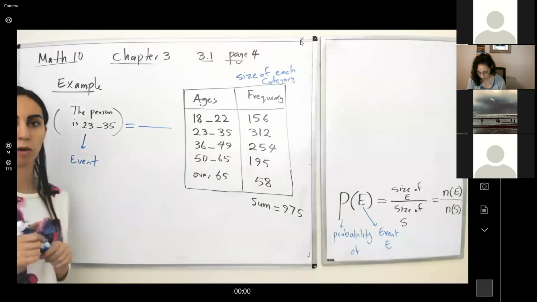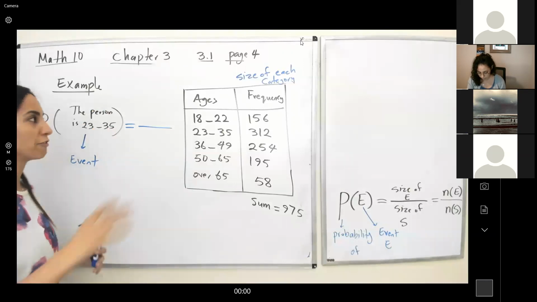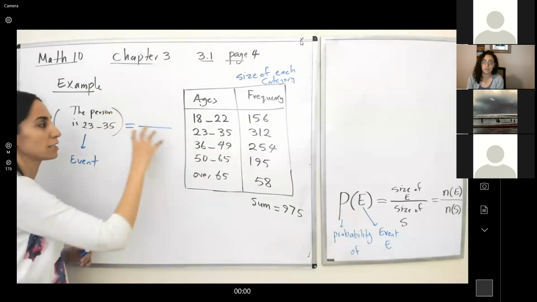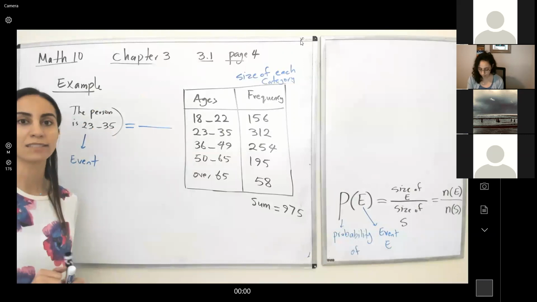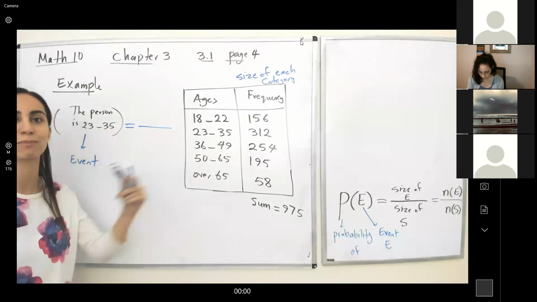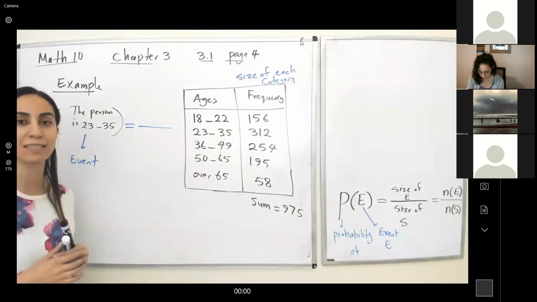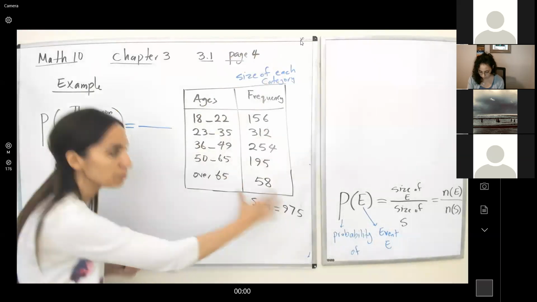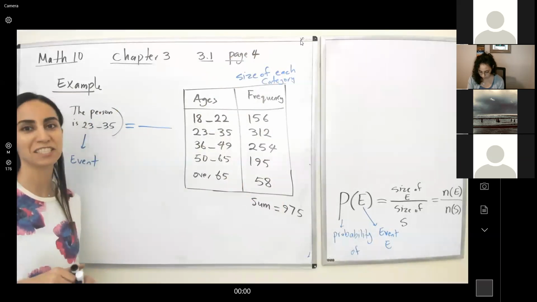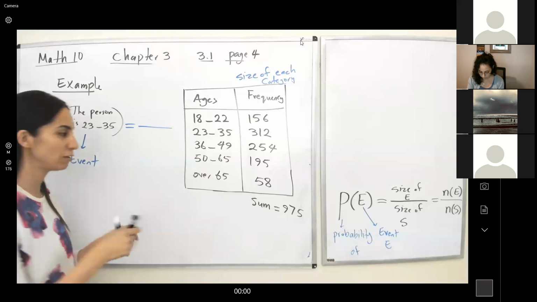To form the probability, what do we need? We need the size of that event divided by the size of your sample space. Your sample space includes all people who took the survey. How many people?